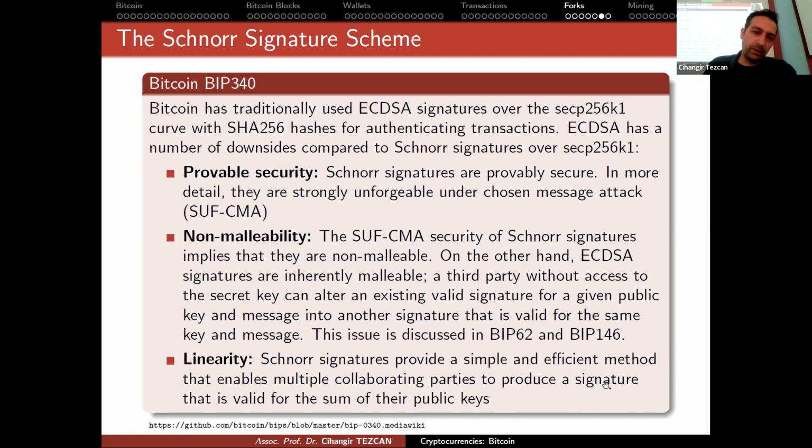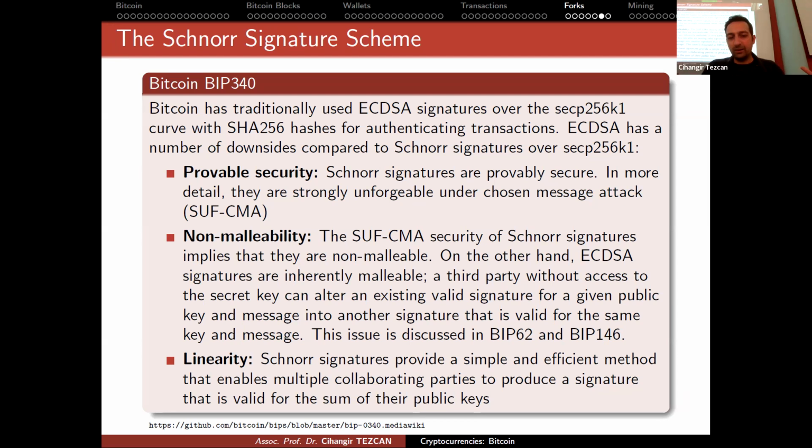The third property of Schnorr signatures, which we talk about a lot because it allows key aggregation, we call linearity. Schnorr signatures provide a simple and efficient method that enables multiple collaborating parties to produce a signature that is valid for the sum of their public keys. So a lot of people come together and perform a multi-signature operation. This time, instead of multisig, the algorithm is called MuSig.